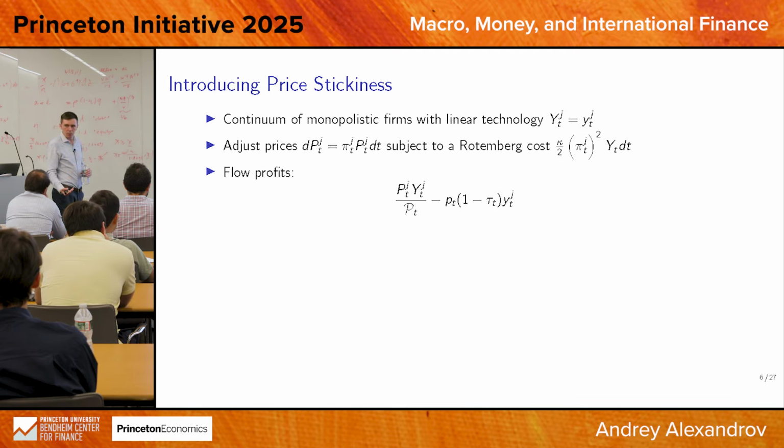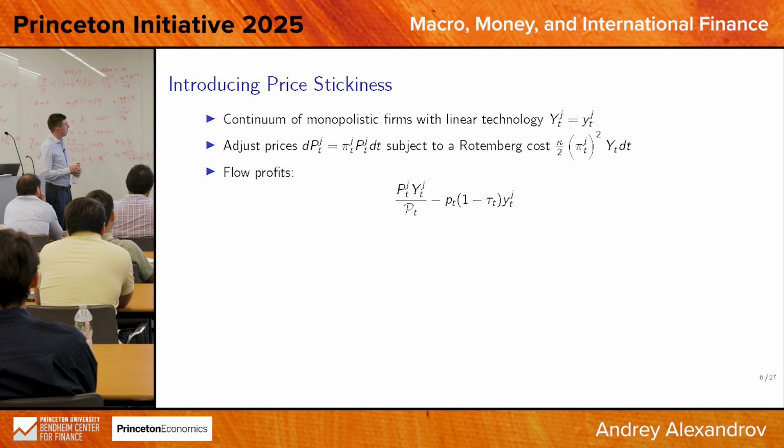If I allow you to react to aggregate shocks, I would need to have another cost on that. That would not undo the stickiness because you would still not be responding in full. You would be responding less than how much you would respond with flexible prices. But that's just a simpler way of writing things, and that's the standard way.